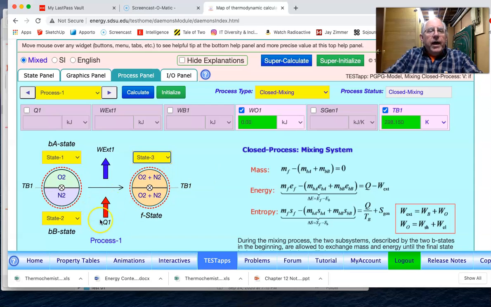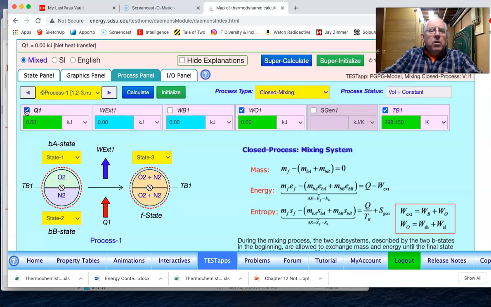As we do that, we know that there's no heat transfer, so Q is equal to 0, and there's no boundary work occurring. And so we see that all gets calculated.